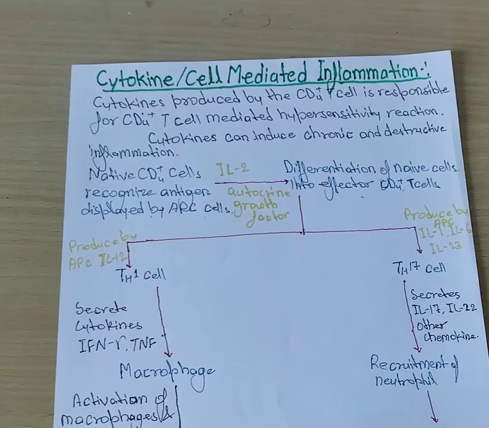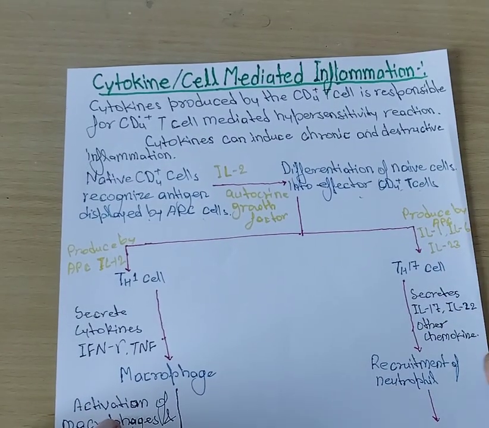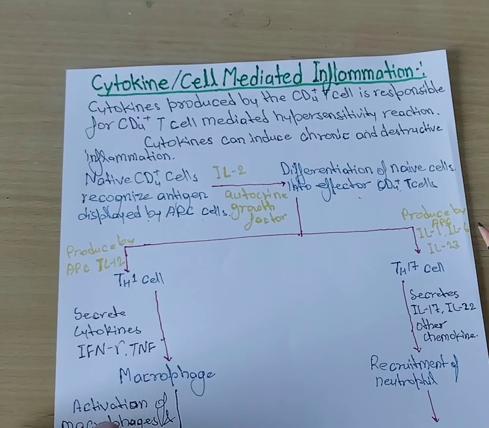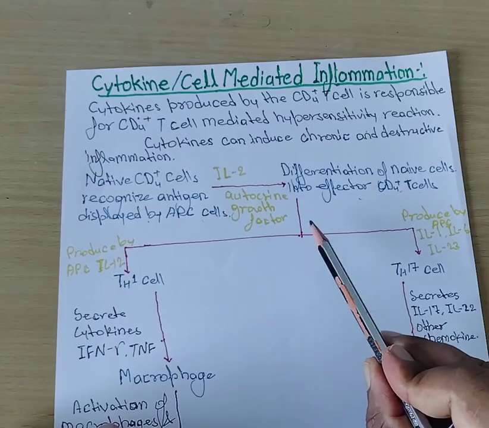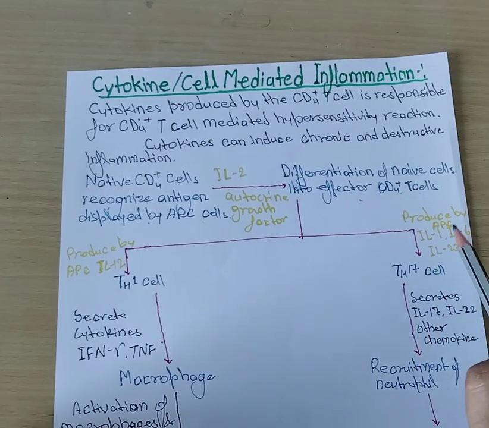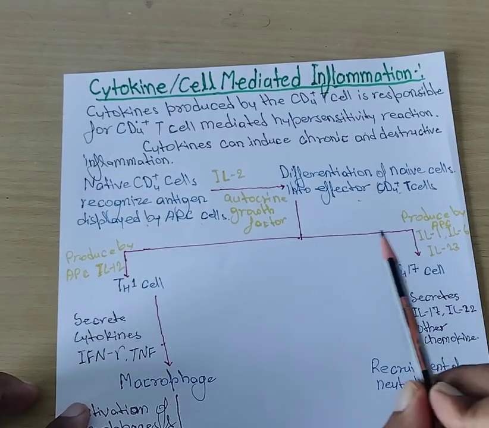Activated CD4 cells get differentiated into Th1 cells and Th17 cells.